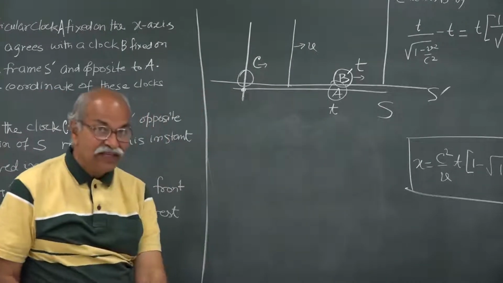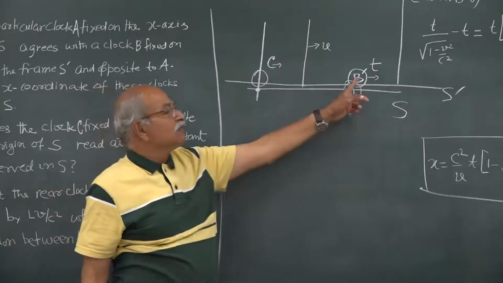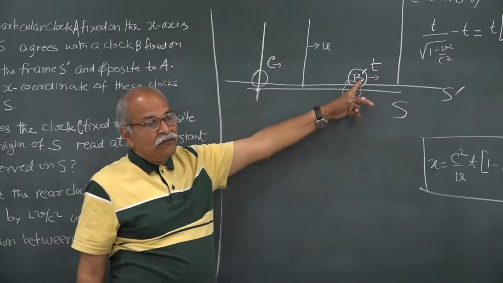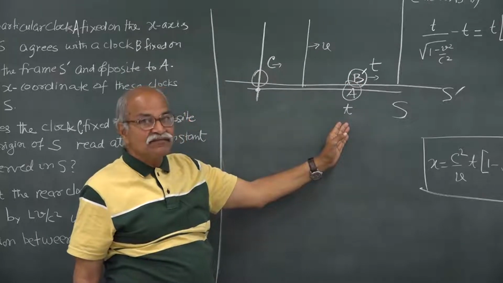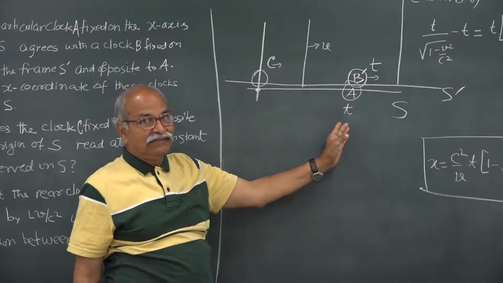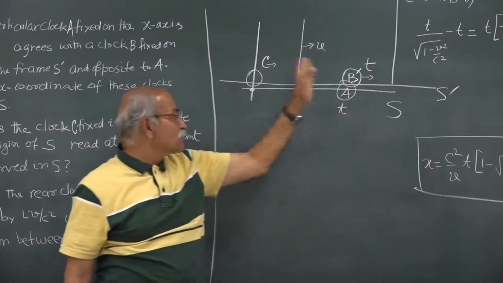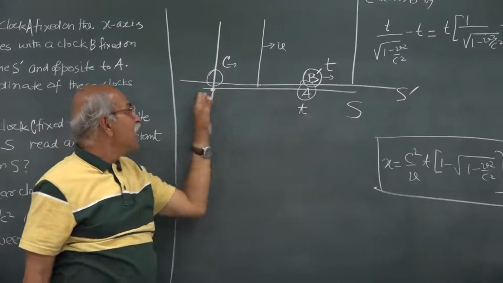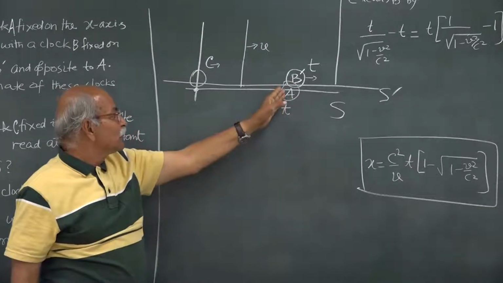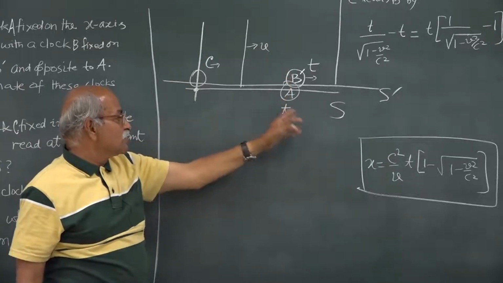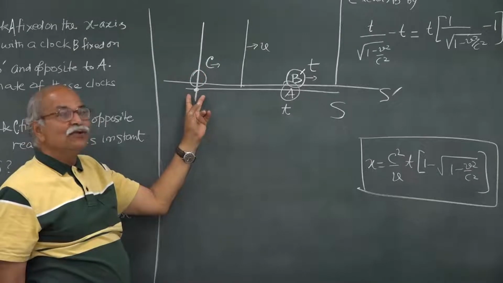L, the rest separation. How much is the rest separation? What is the separation between C and B as seen from S? That separation is just this x, because at time t, at position x, this clock agrees with this. So this B clock is at this coordinate and this C clock is at the origin.